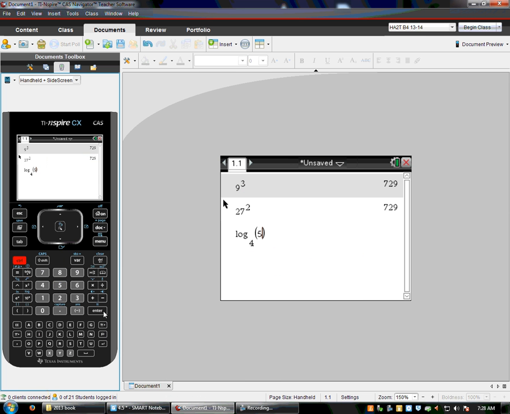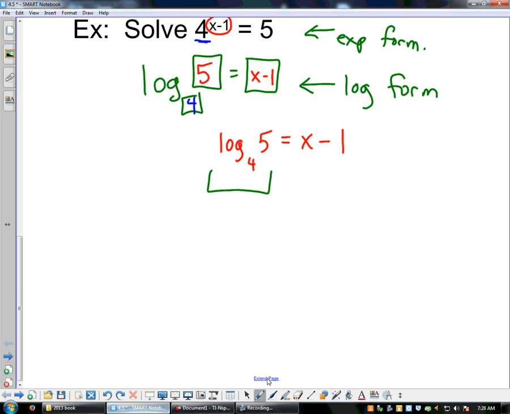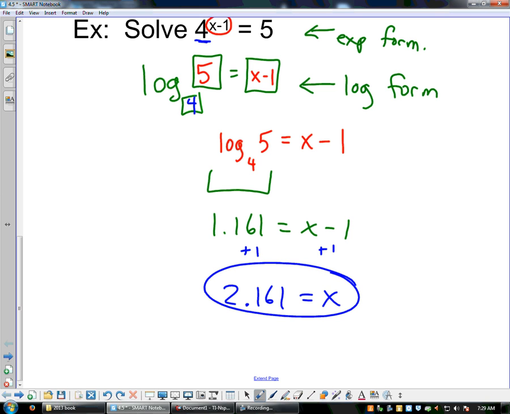And when I do that, I get 1.161 approximately. So I've got 1.161 equals x minus 1, and to finish this up, we would add 1 to both sides. So I would end up with 2.161 as my value for x.